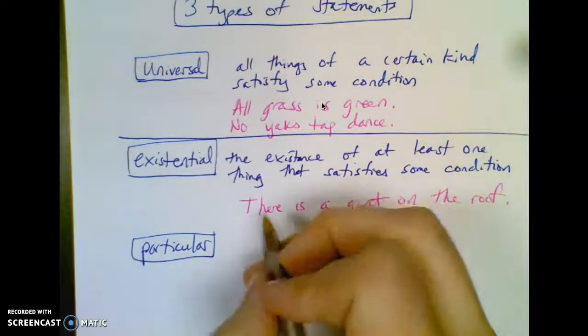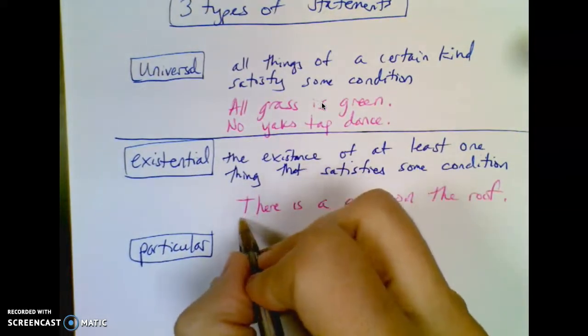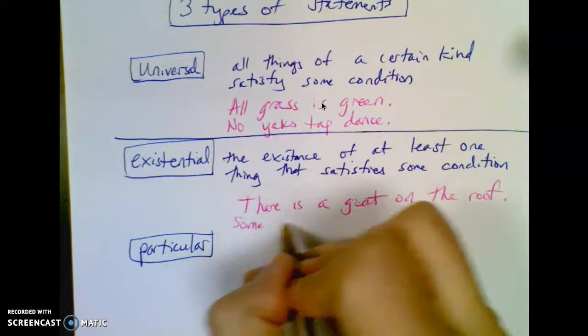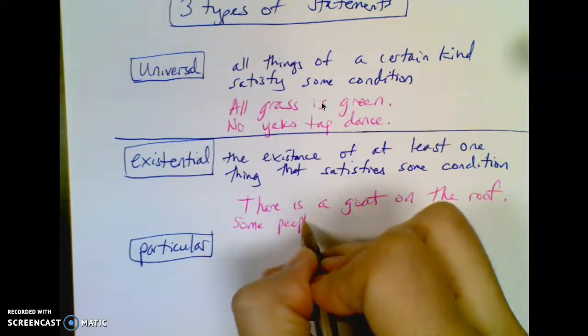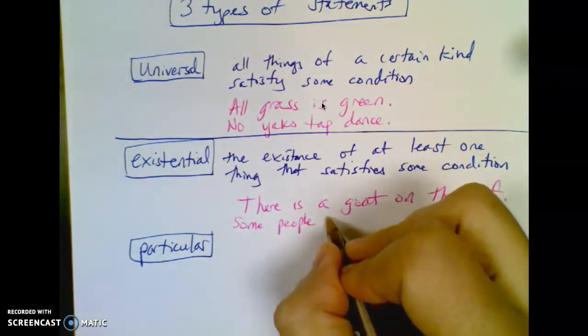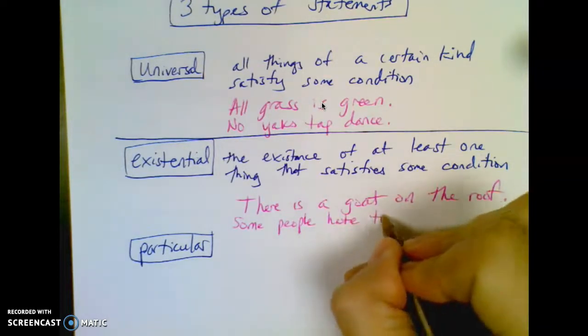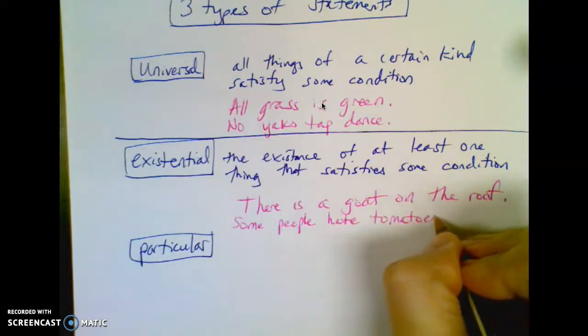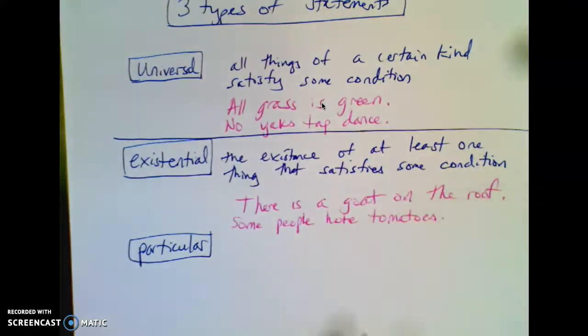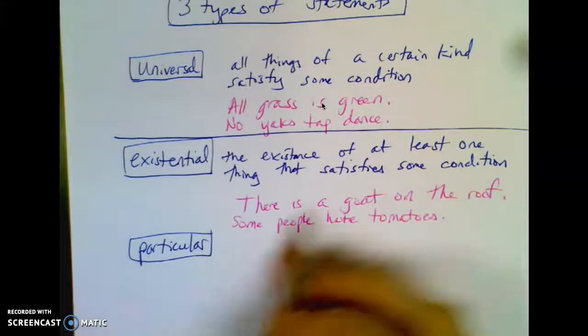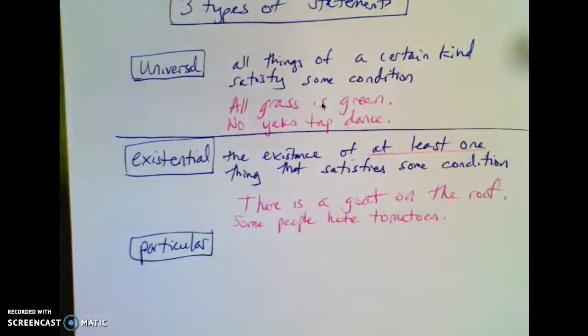So you could also say some people hate tomatoes. It's a weird thing to stake your claim on there, but when you say some, it actually means that there's at least one.